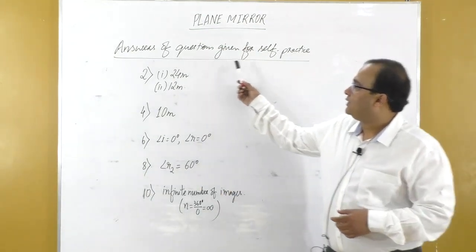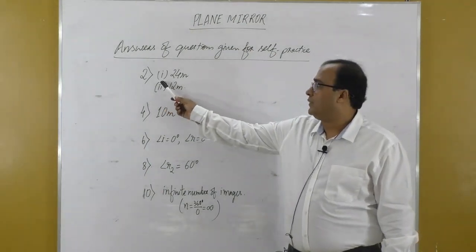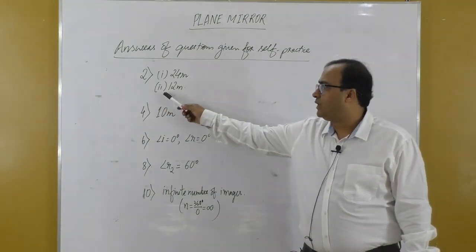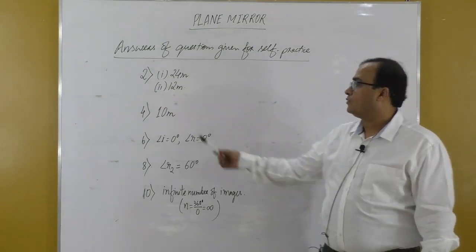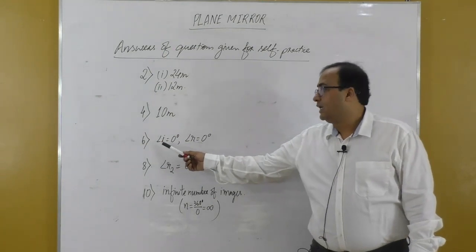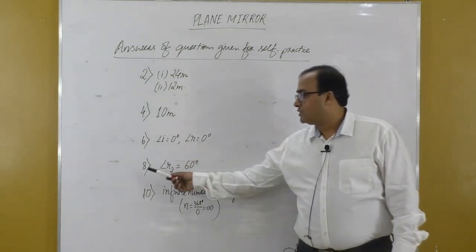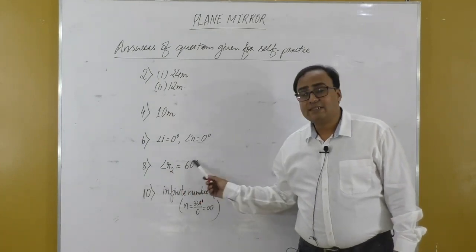Now the answers for those self-practice questions. Question number 2, first part answer is 24 meters, second part answer is 12 meters. Question number 4, answer is 10 meters. Question number 6, angle of incidence 0 degree, angle of reflection 0 degree. Question number 8, value of R2 is 60 degree.